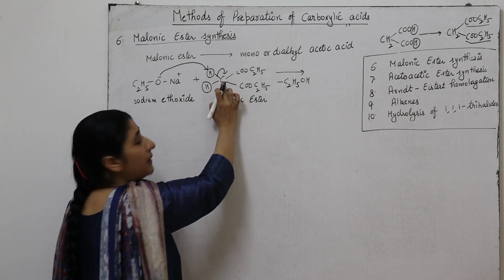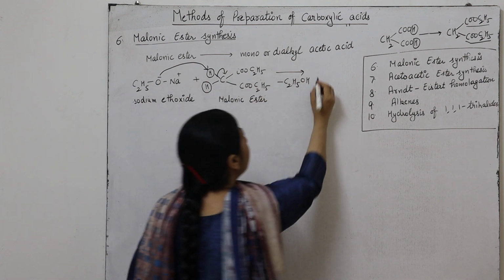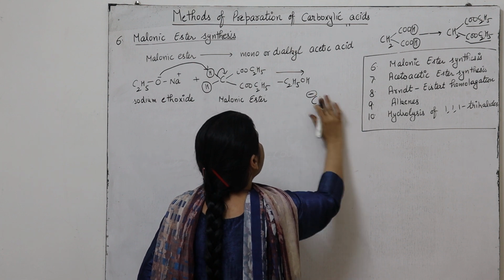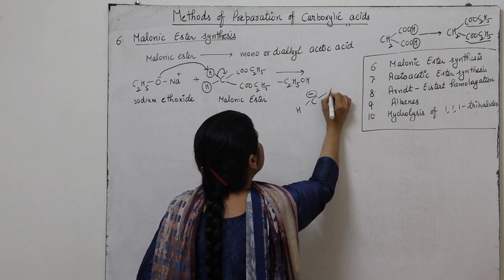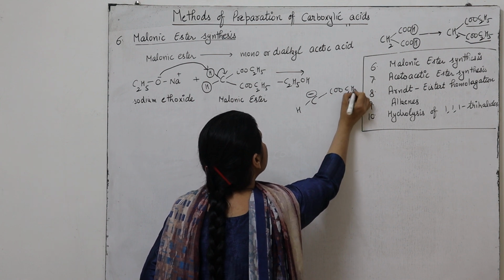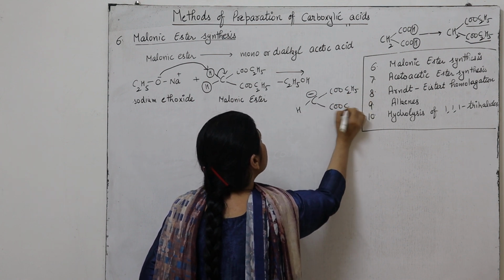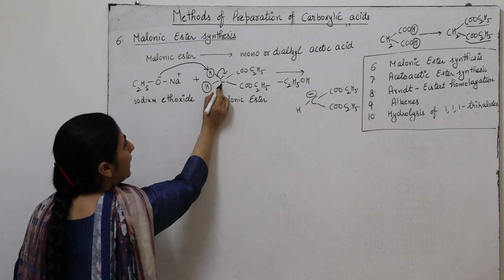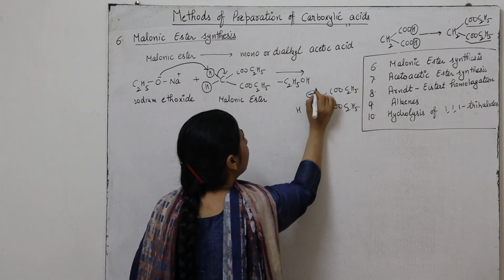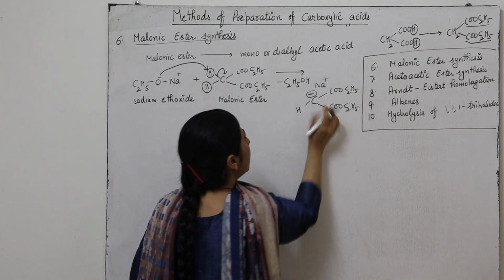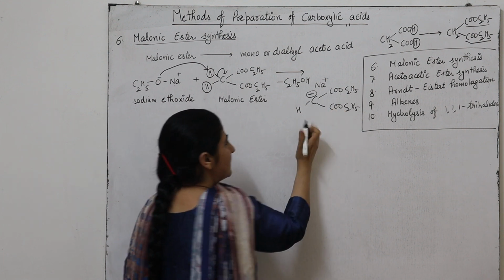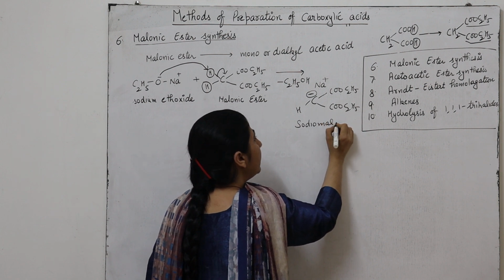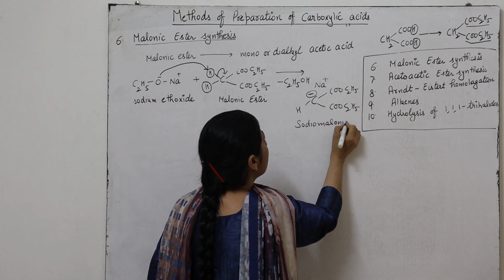So the carbon acquires a negative charge and we get CH negative with COOC2H5 and COOC2H5. Sodium attaches to this carbon negative, so we get a sodium salt of the malonic ester. This is known as sodium malonic ester.